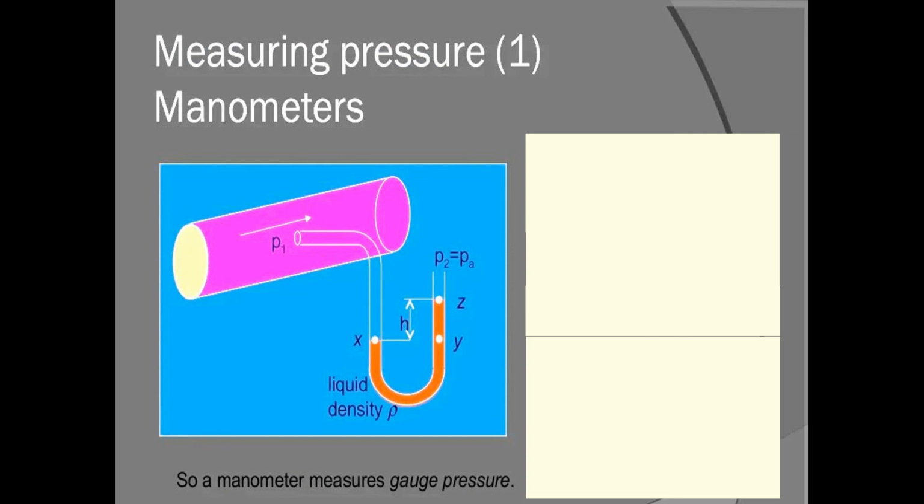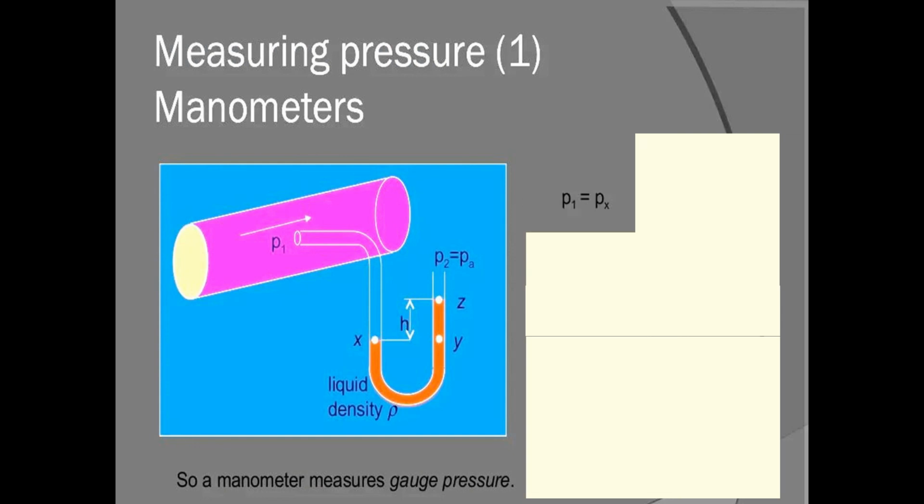So if we have here a manometer with one open side, meaning the pressure at Z is exposed to the atmosphere. So therefore, considering the gauge pressure, that will be equal to 0. And if we are concerned with the absolute pressure, the pressure at Z is actually 101.325 kilopascals.